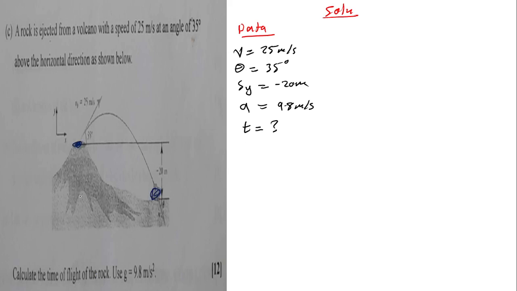According to the information we have, we can use the equation y is equal to vy times t plus half a t squared.